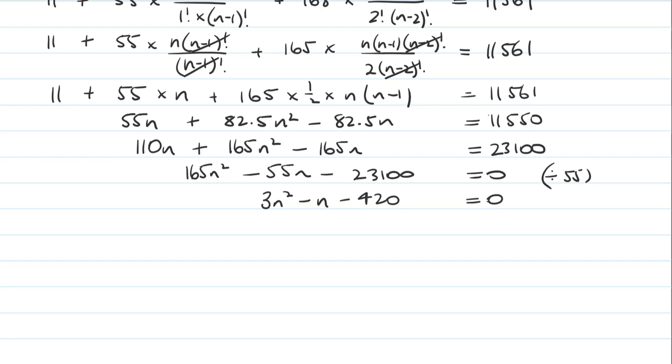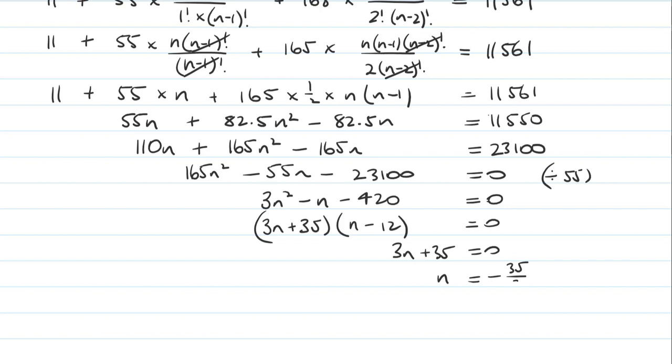Then I can simplify that and I get 3n plus 35 and then n minus 12, which gives me 3n plus 35 equals 0, or n equals negative 35 on 3, or n equals 12.